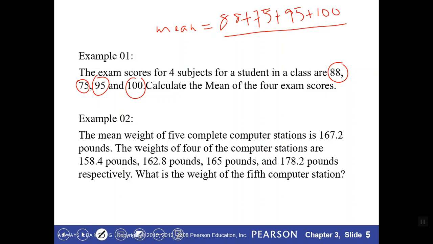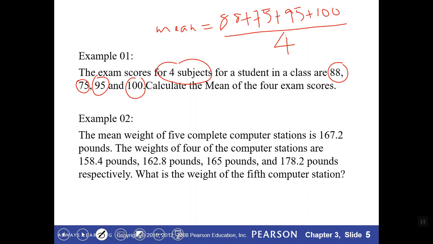How many? There are 4 subjects. So divide by 4. This gives me the mean of the 4 exam scores. When you calculate this, you will get a value. This value we call the mean.